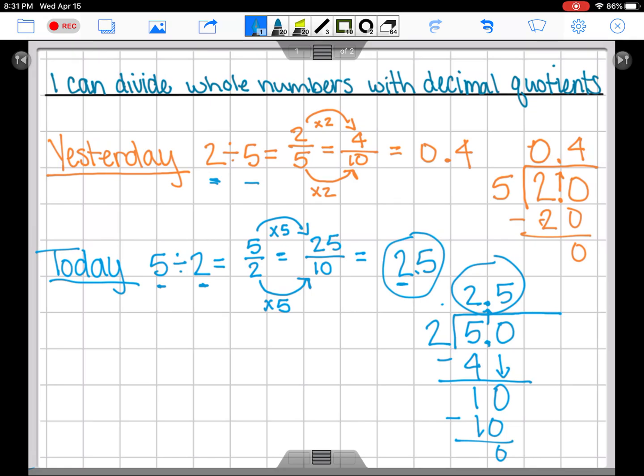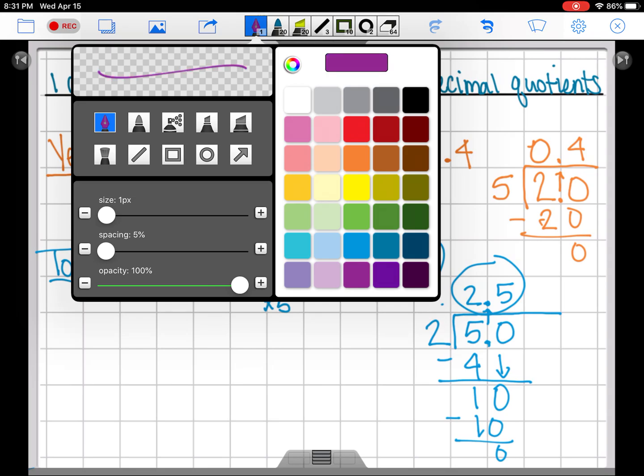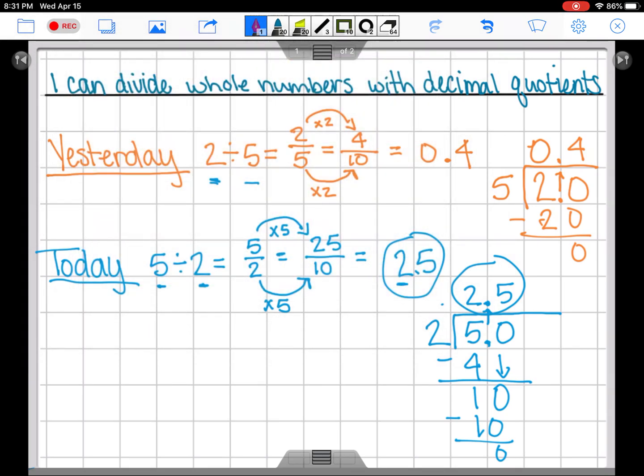I'd also like you guys to keep in mind a quick piece of review based on what I saw from our work yesterday. When we are multiplying to check our work, our product is not always going to be the largest number when we're using decimals. So if I were going to check my work for this one up here, I would be multiplying 4/10 by 5 to equal 2.